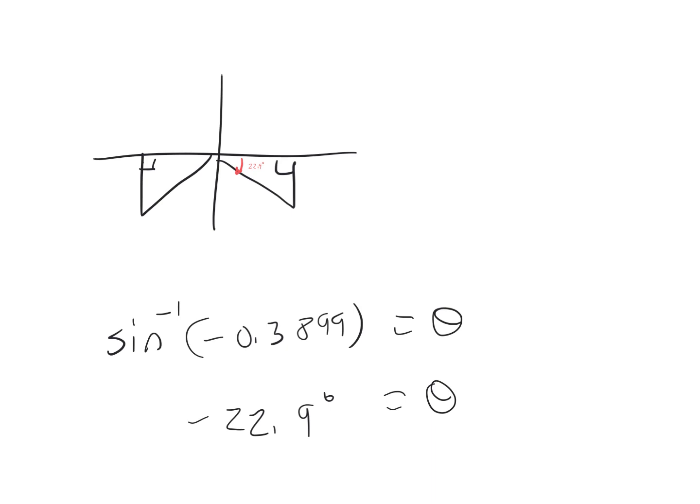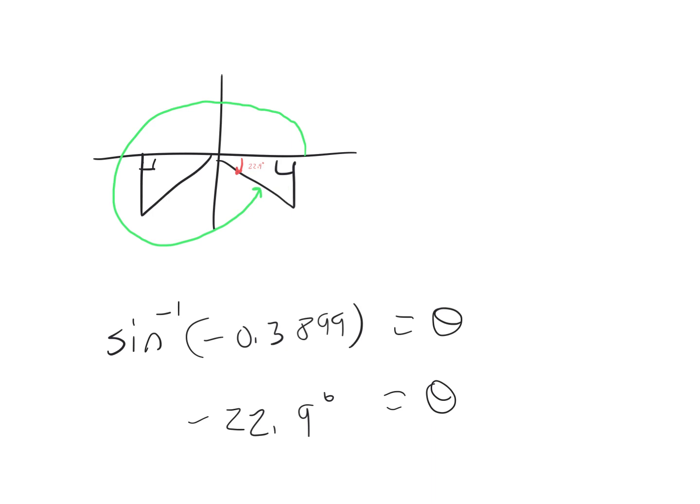So let's start with this one. It's starting there and then it goes all the way around, and then we go to here. So it would be a matter of considering a full revolution of 360 degrees and then subtracting 22.9 from that.